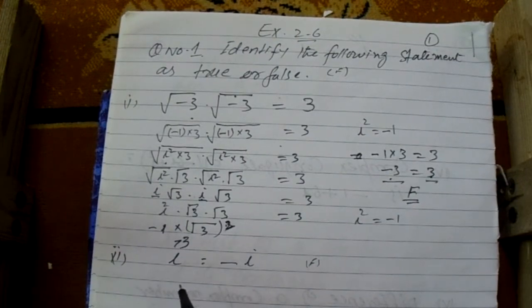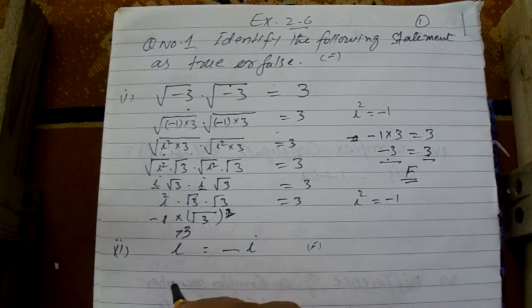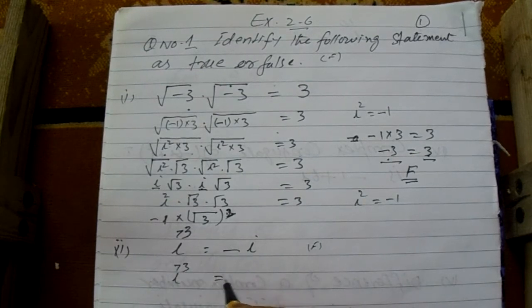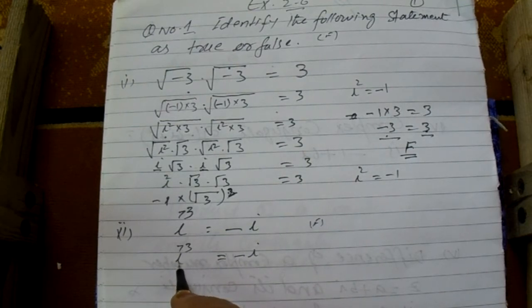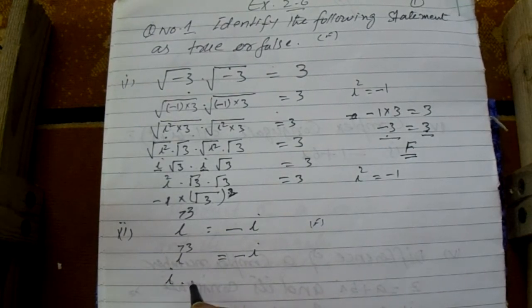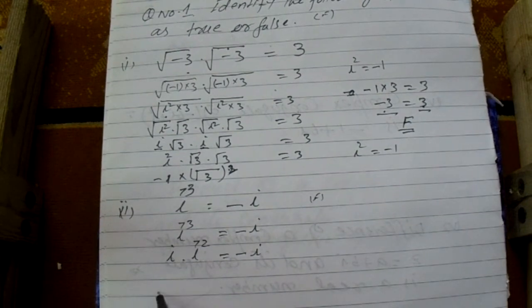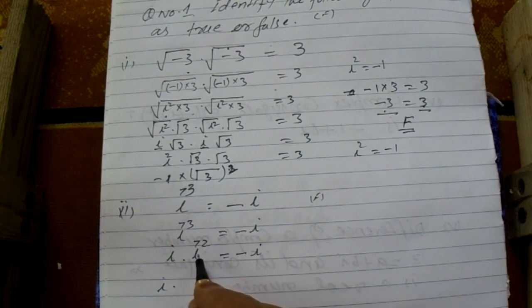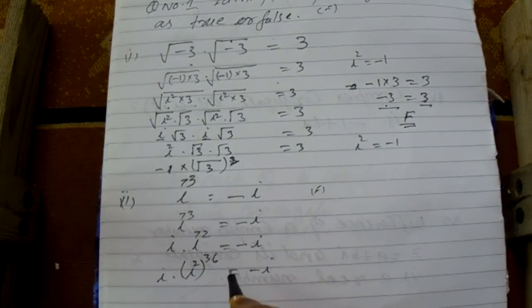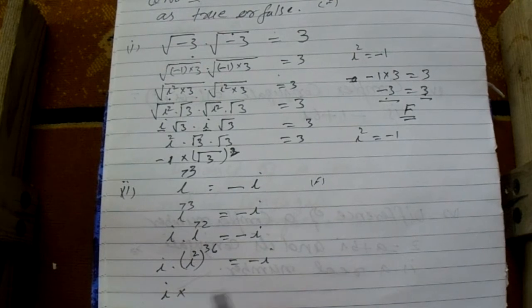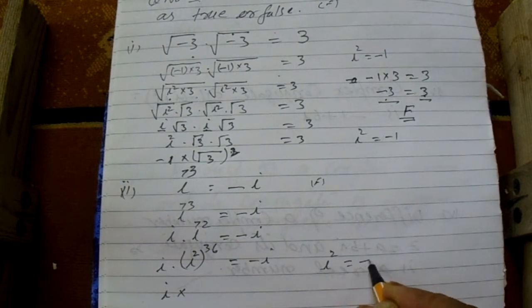Now the second part of this question is iota to the power 73 is equal to minus iota. Now we write iota 73 like this: iota times iota to the power 72 is equal to minus iota. Now we write iota 72 in this form: iota square to the power 36 is equal to minus iota. Now we know that iota square is equal to minus 1.